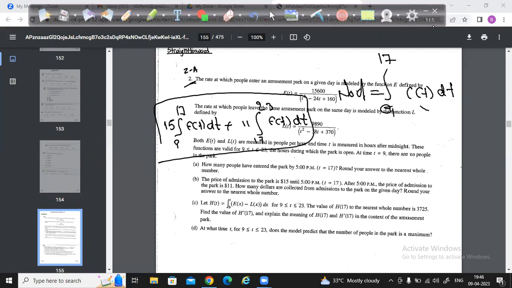Okay, I think for part A it is 6004. Please do plug in and calculate.